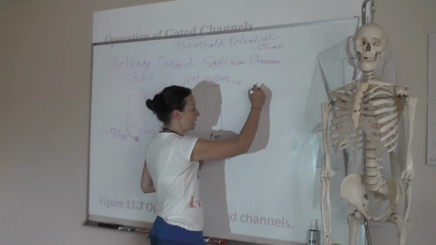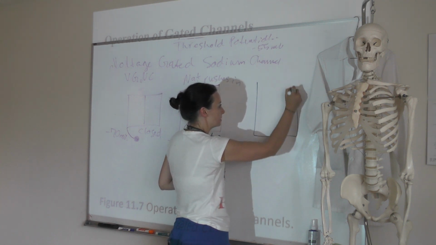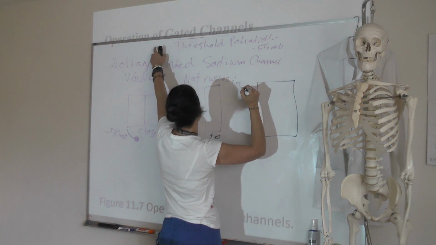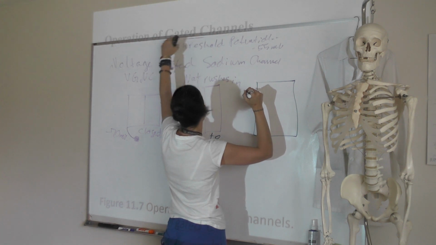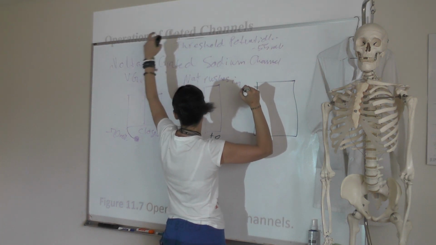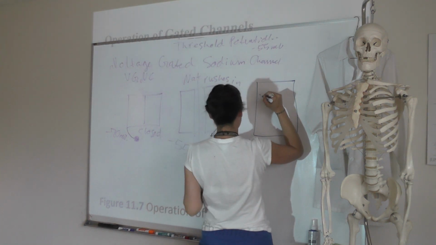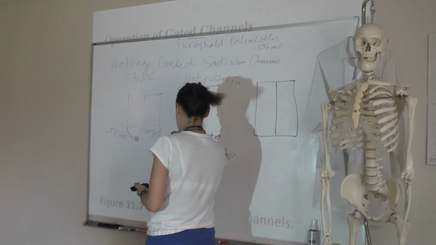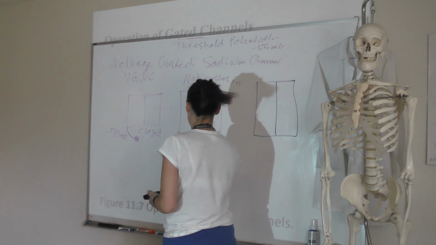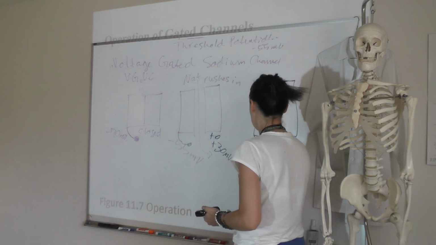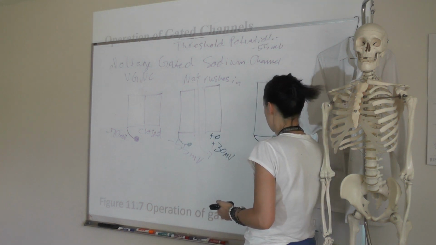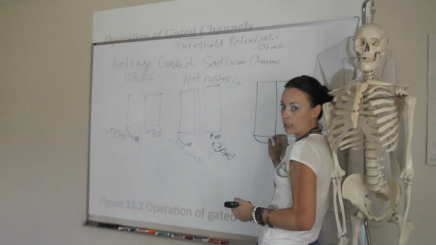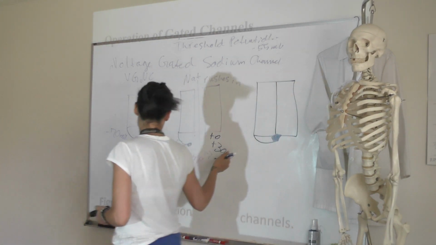And then once we hit that positive 30 millivolts, it's going to enter the third stage of how it works. When we hit positive 30 millivolts, it closes, but now this inactivation gate, which has been sitting over here doing nothing, is going to swing shut and block this so that there is nothing we can do to open this channel again.